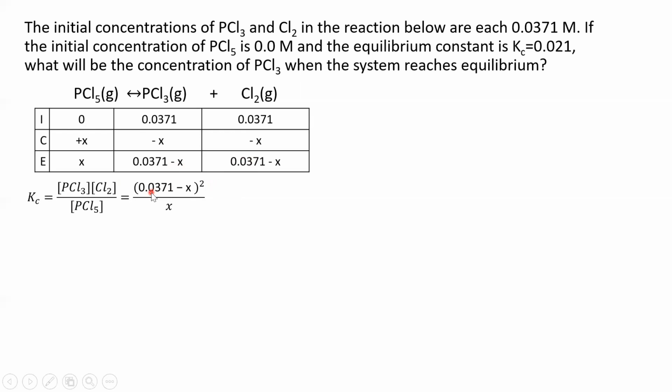So (0.0371 minus X) squared over X. The K value that we're given is always going to be for the way the reaction is written, not necessarily the way the reaction takes place in the container.